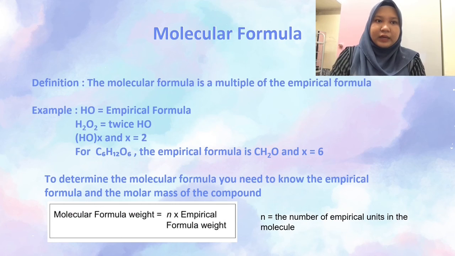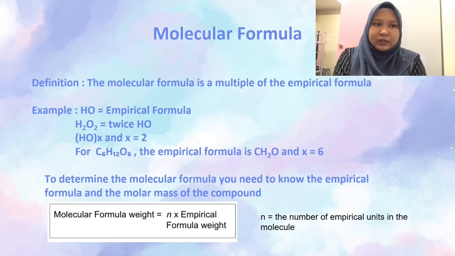Then what is the molecular formula? The molecular formula is a multiple of the empirical formula. For example, HO is the empirical formula, and H2O2 is twice HO, so HO is multiplied by X, and X equals 2.